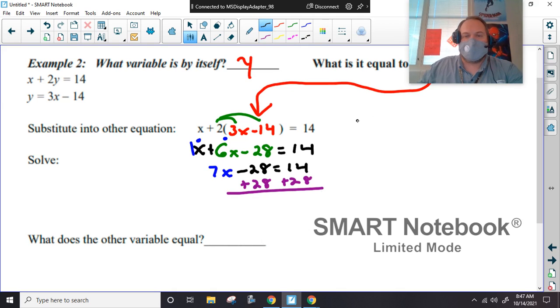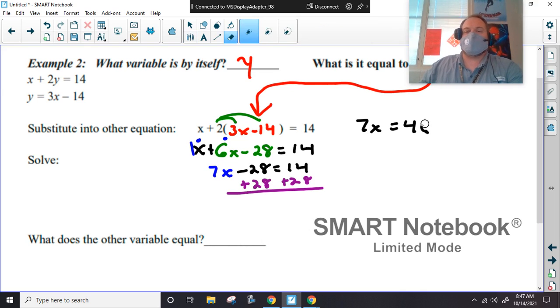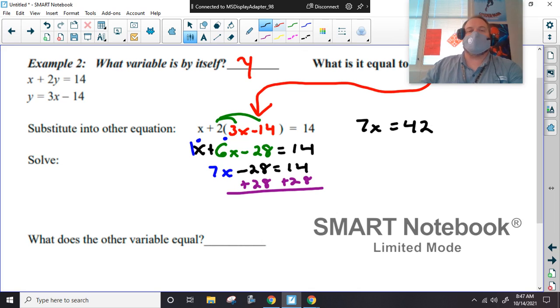All right. So now we have, and I'm just going to write over here because I like to do that. 14 plus 28 is 42. All right. Now, how do we get this x by itself? Listen. Yes, divide by 7.